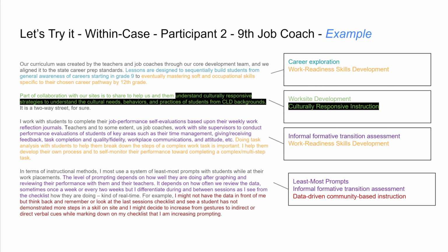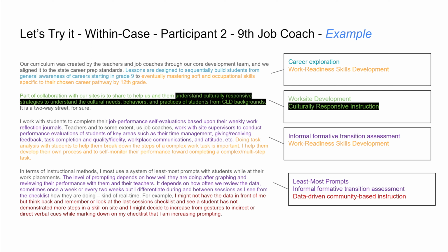In this first part, they were talking about career exploration. So I assigned the descriptive code of career exploration to lessons that are designed to sequentially build students' general awareness of careers, so career awareness. And I also assigned the code of work readiness skills development to where they were talking about mastering soft and occupational skills once they get to 12th grade.